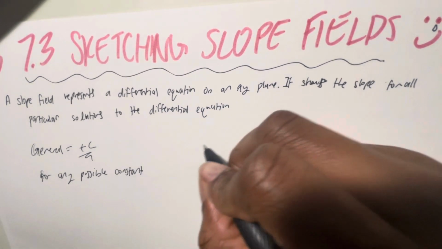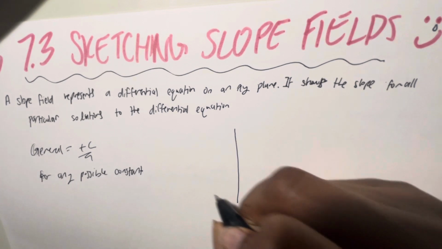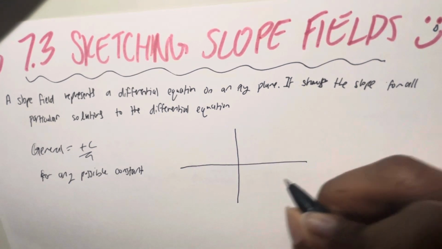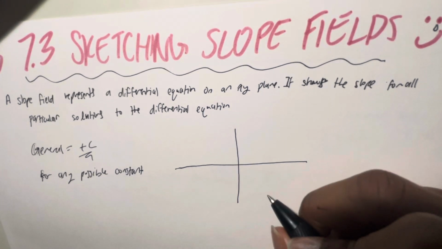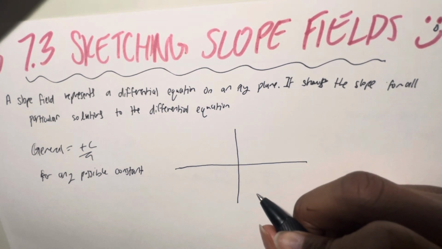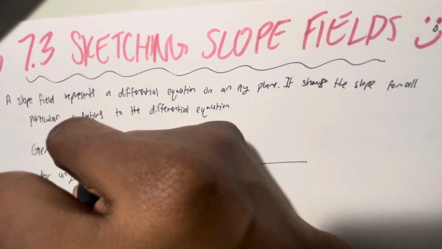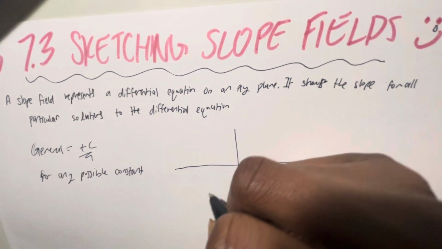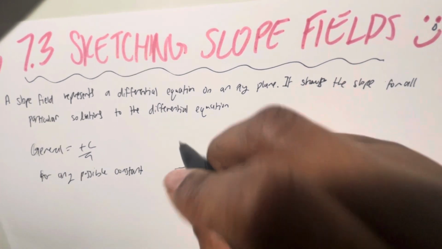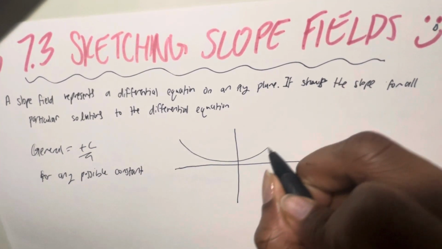However, with slope fields, we know the slope. So it quite literally just gives you every single possible line that it could be because of that plus c. Let's say we had a graph that just looked like a parabola.